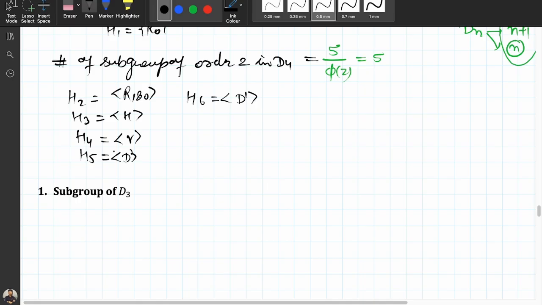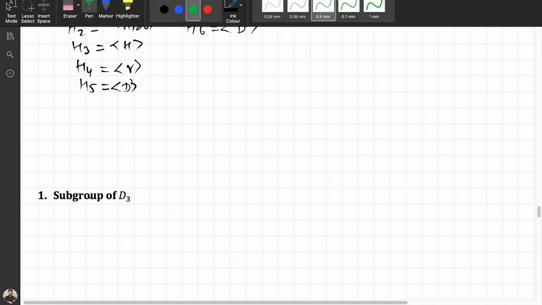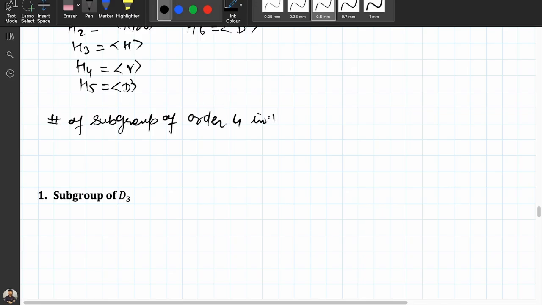And now phi 4, order of element 4. So simply now from here we can write the number of subgroups of order 4 in D4, that is phi 4 divided by phi 4, because the number of elements of order 4 is 1, so that is 1.